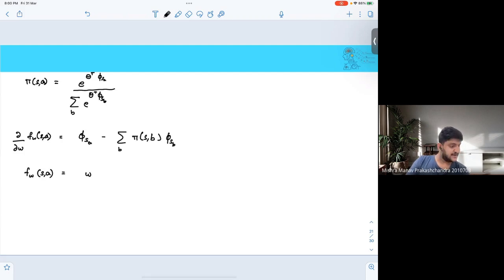So if I define it as this quantity, okay, so this could be an appropriate function approximation for the q function.